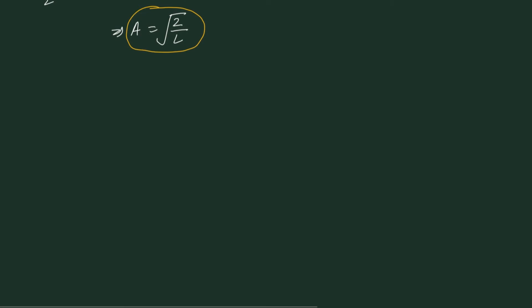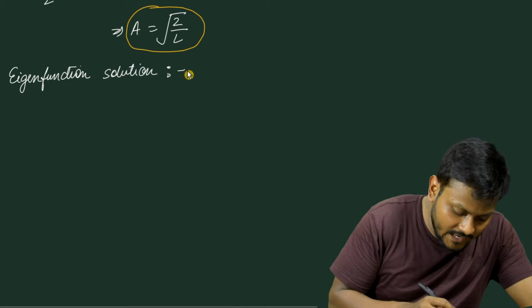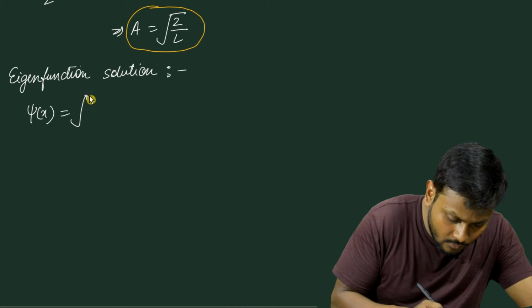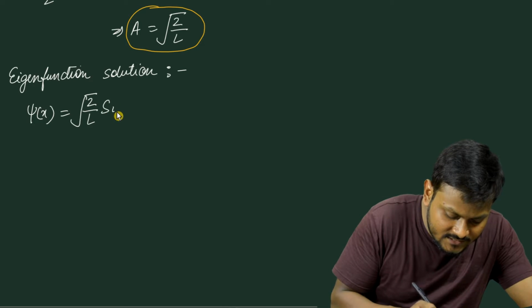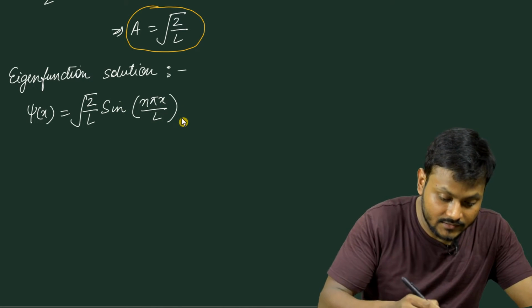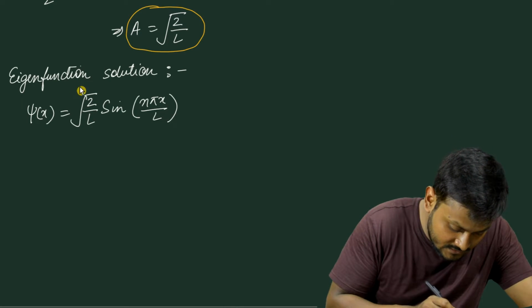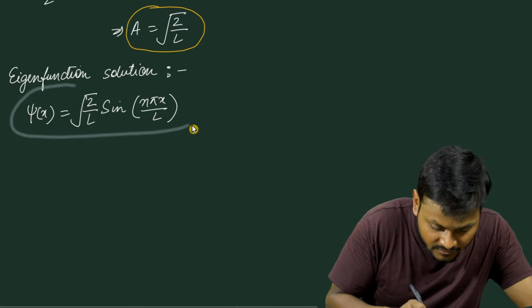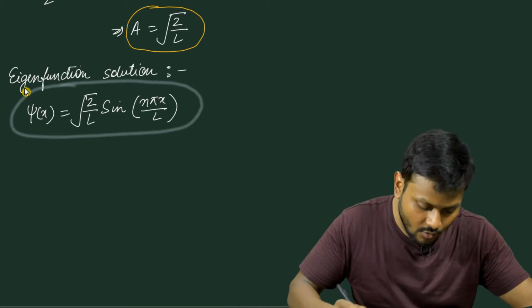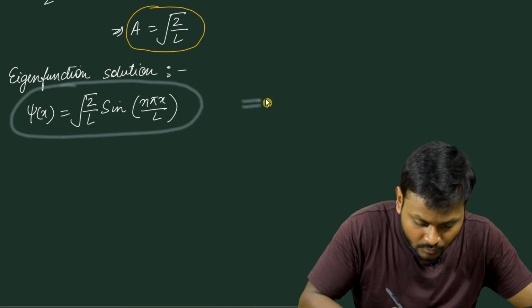If you look at the eigenfunction solution psi x, this is basically equal to square root of 2 upon L sine n pi x upon L. Finally we have this, the eigenfunction solution of the time independent Schrodinger's equation.